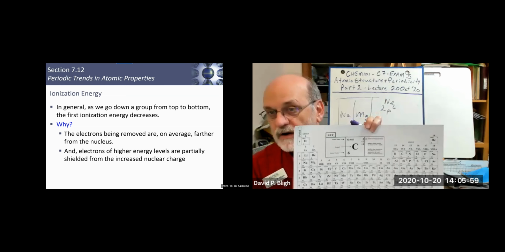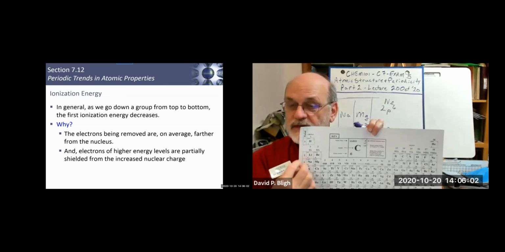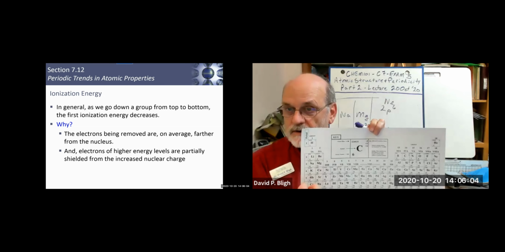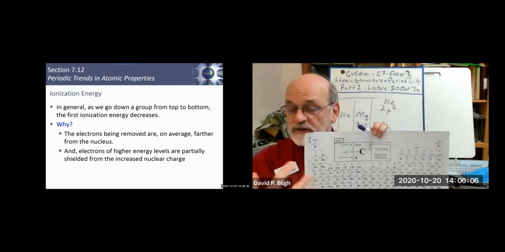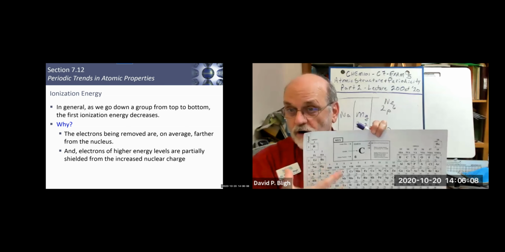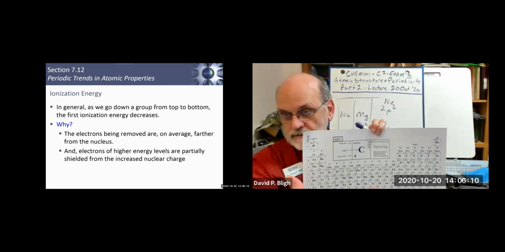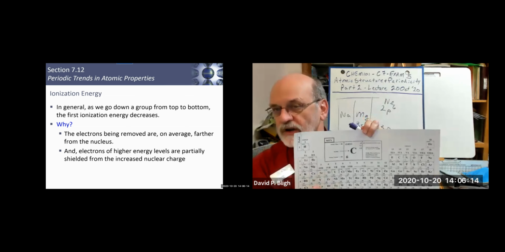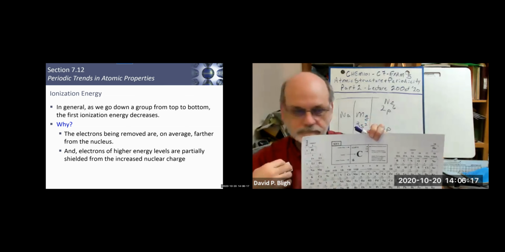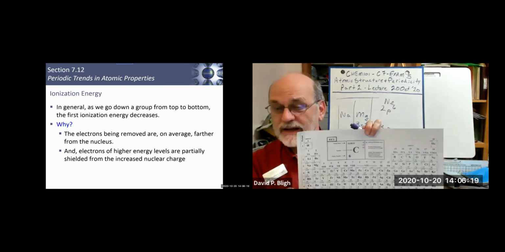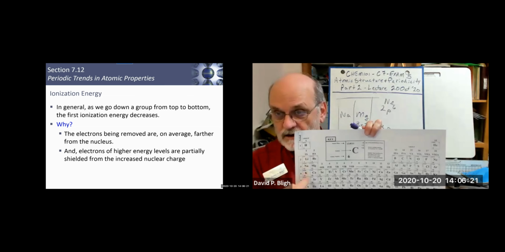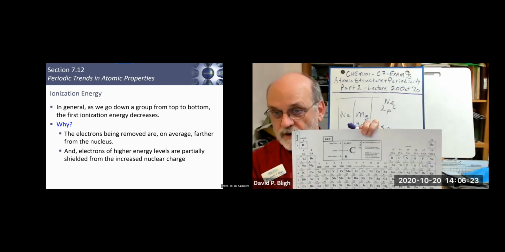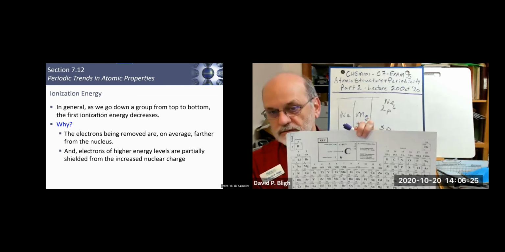And that's primarily due to the fact that the energy levels put the outermost electrons, the valence electrons, farther from the nucleus. They don't feel the positive pull of the nucleus as strongly as the inner electrons do. So those outer electrons in the lower portions of a group are much easier to remove, right?